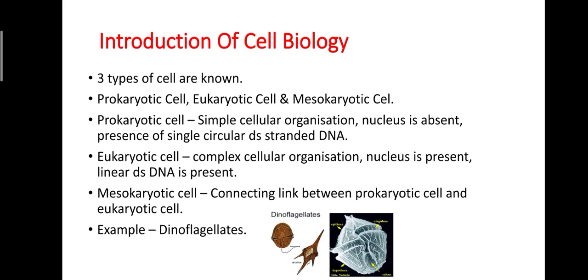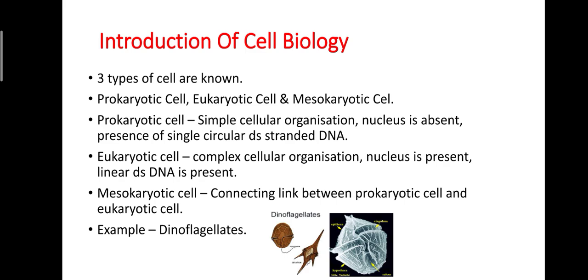But what evolutionary biologists tell us is one thing: when transformation takes place from one species or one form to another, an intermediate form may be produced. It means when the eukaryotic cell evolved from the prokaryotic cell, this mesokaryotic cell could have been produced.